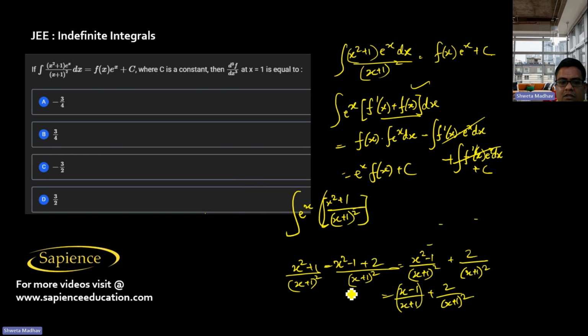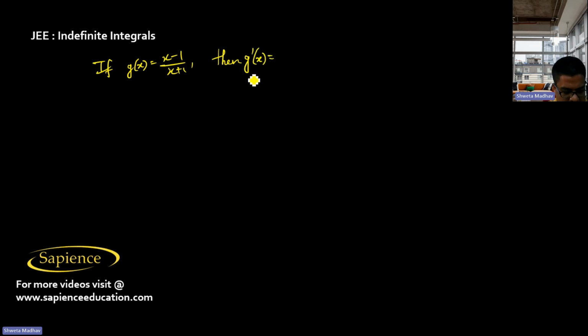Suppose I take the function g of x as (x minus 1) by (x plus 1). Then g dash x will be equal to ((x plus 1) minus (x minus 1)) by (x plus 1) whole square, which is equal to 2 by (x plus 1) whole square.